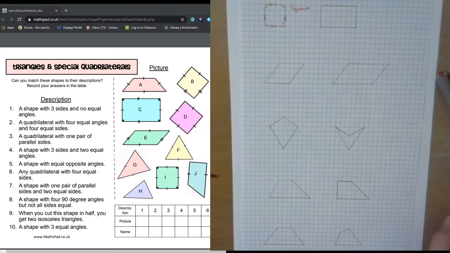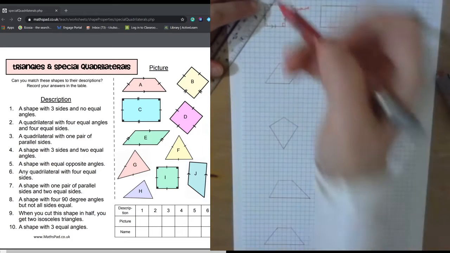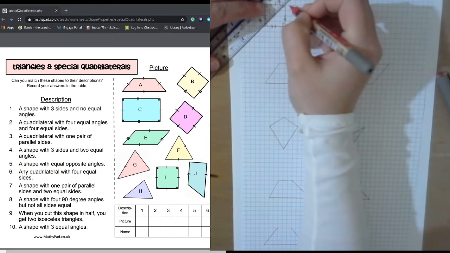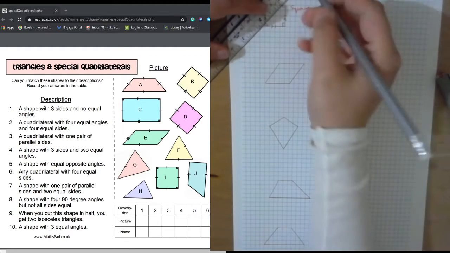I've got my equal lengths. Am I missing anything? I ponder. I am currently missing the lines of reflection, so I'm going to pop them on. I'm going to use my red pen. Actually, maybe I'll use a pencil. I have a pencil, let's use a pencil.